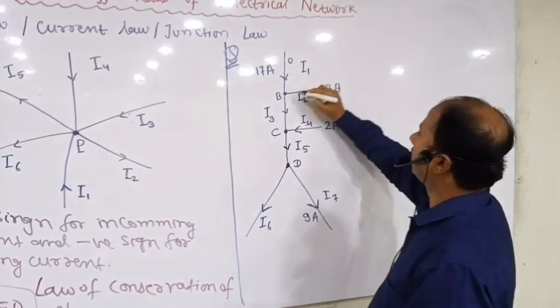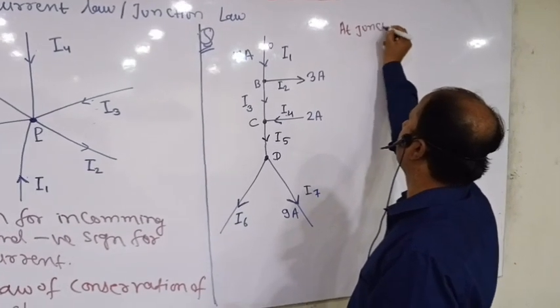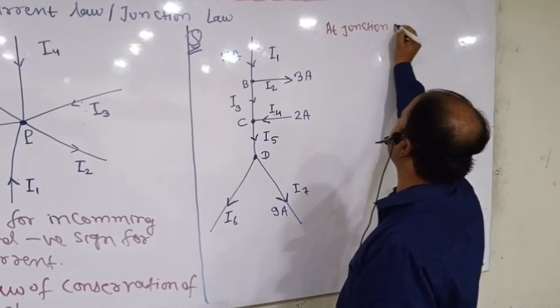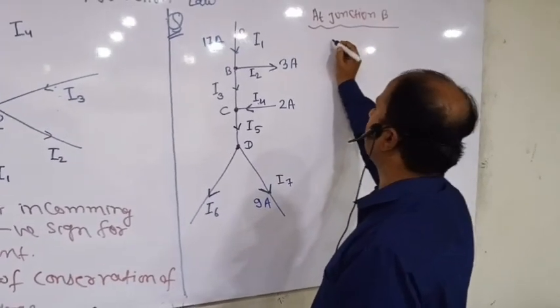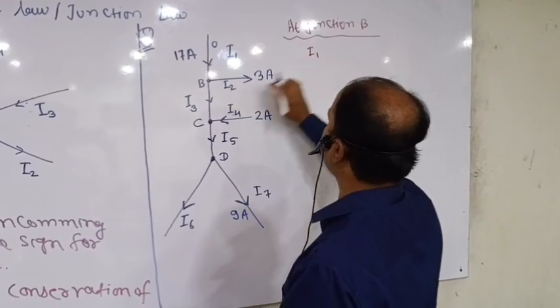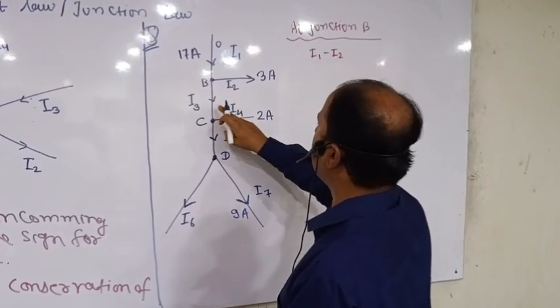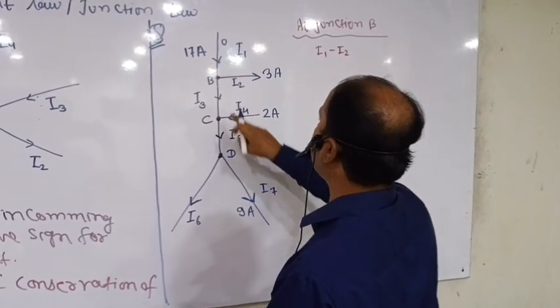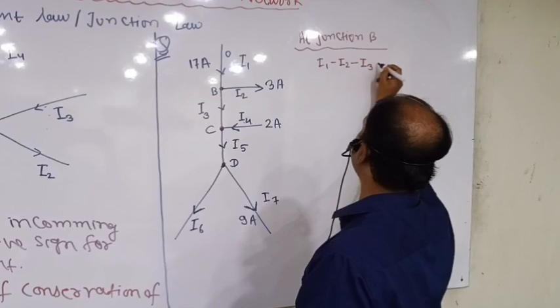At junction B, I1 is incoming current and I2 is outgoing current. Therefore, I1 minus I2, and also I3 is outgoing current, minus I3 equal to 0.